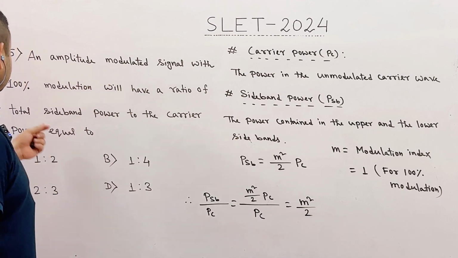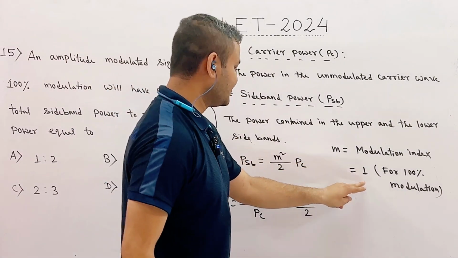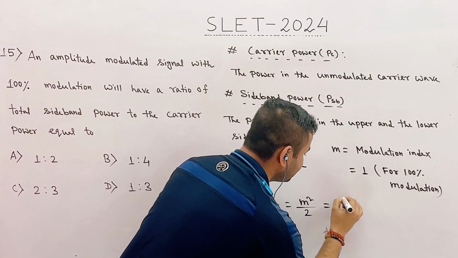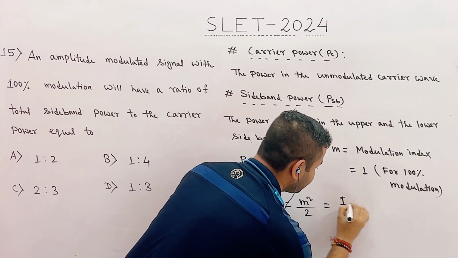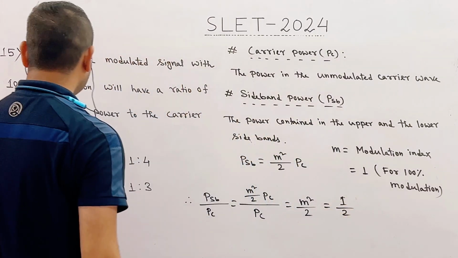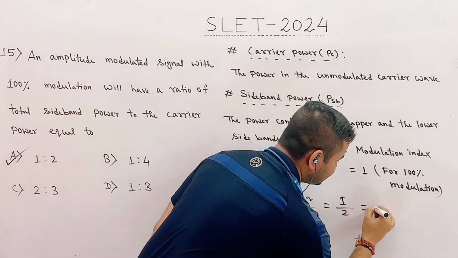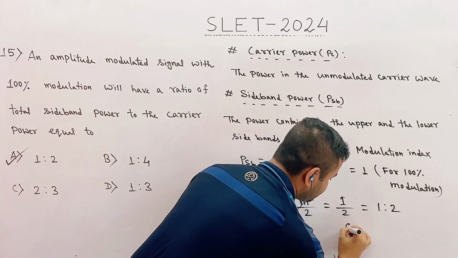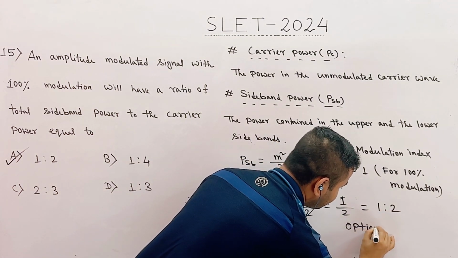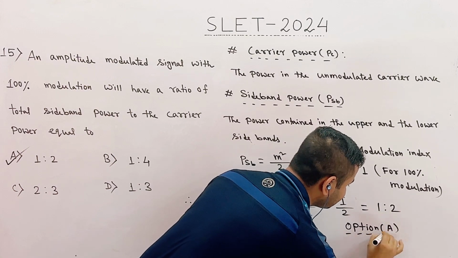So in our case, the value of m is 1. So ultimately we will get 1 divided by 2. So the correct answer is option A. This can be written as 1:2. So option A is the correct answer.